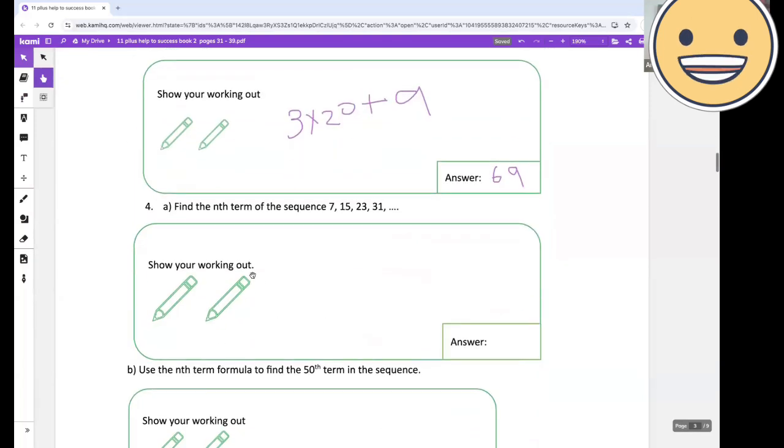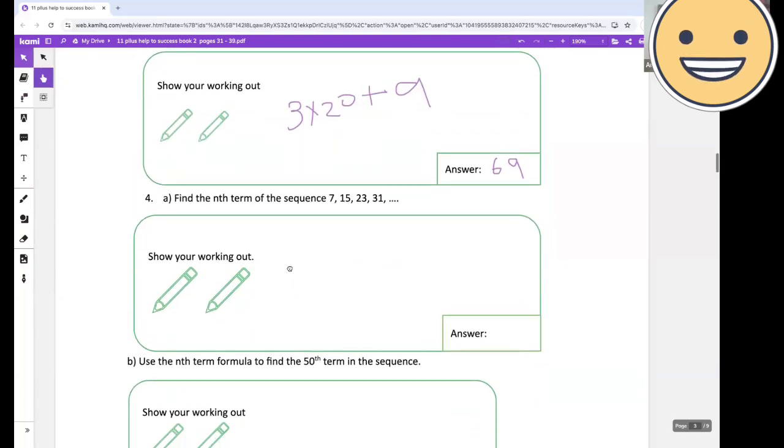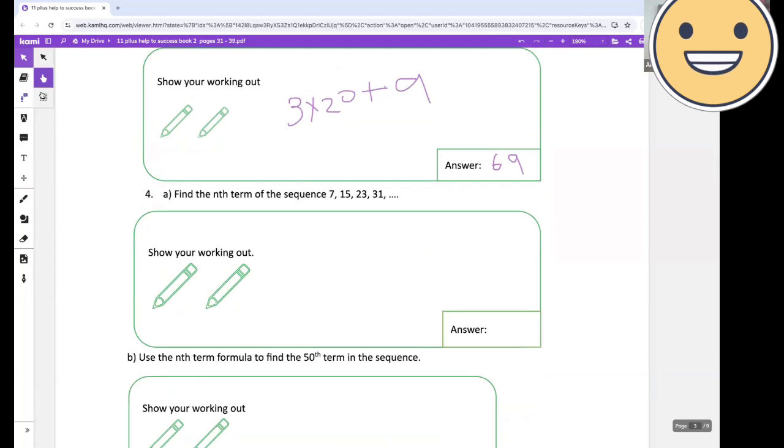Oh, I thought there's another part. The fourth A now. Again, you need to find the sequence in this one. And after finding the sequence, we will do the 50th term of that one. So the fourth one now.